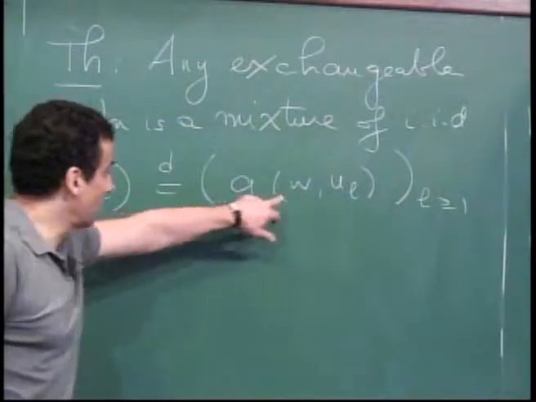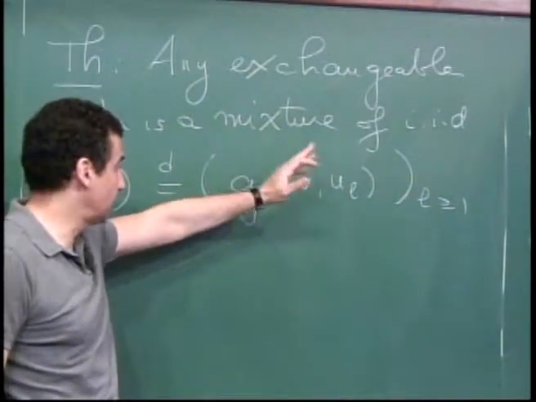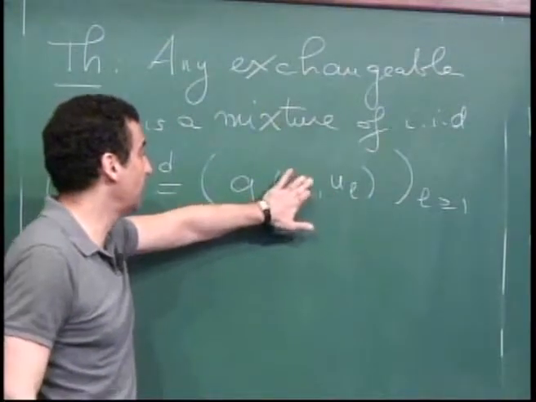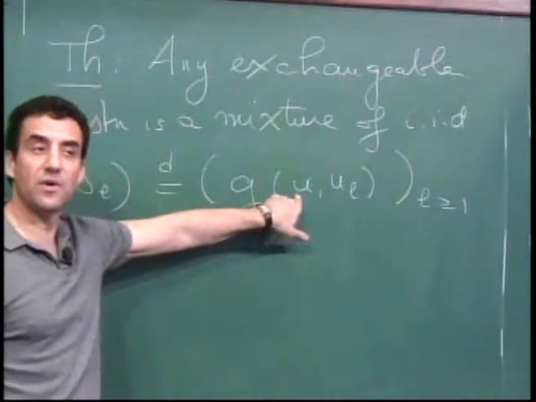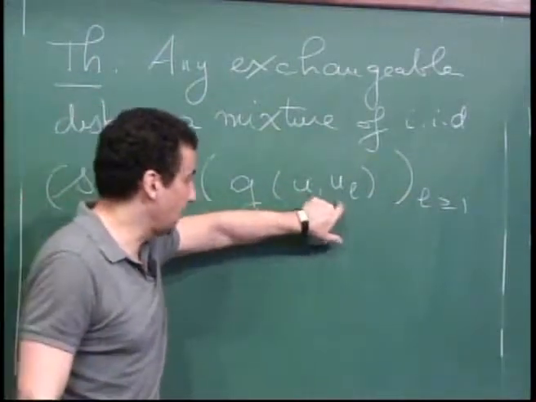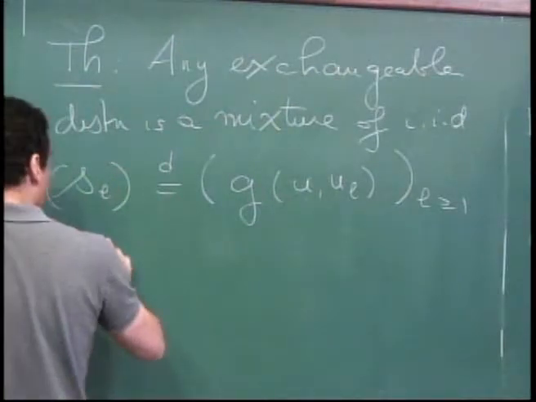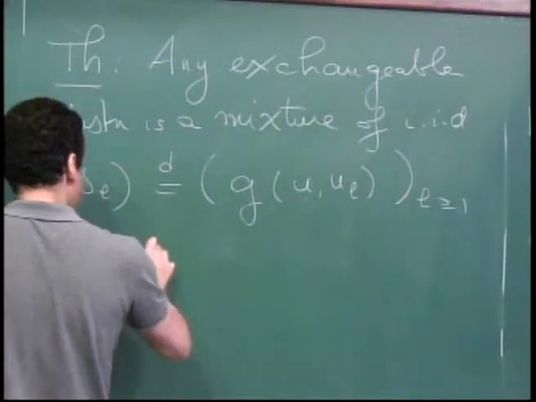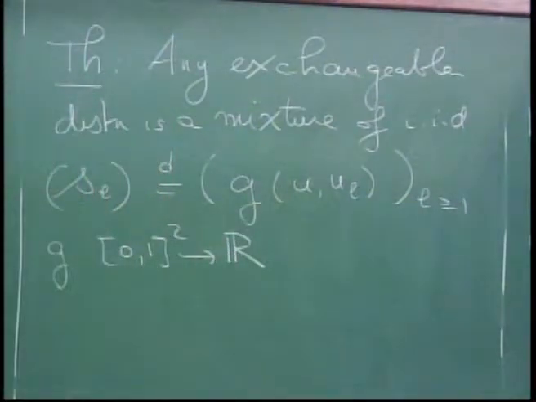This W here will be the randomness of the mixture, what I called U before. Maybe I should call it U. Yeah, why not? I have U_Ls, I can call it U. So this is my U of before, the parameter of the mixture. And these guys are the IID things. And so G is here a measurable function, a Borelian function from [0,1] squared to R, measurable.